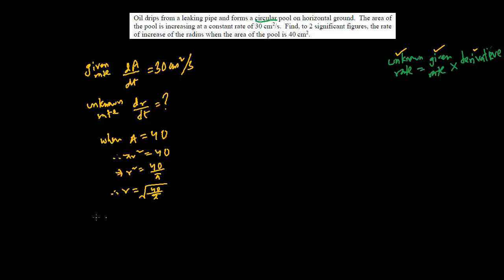So let's start the question. The unknown rate dr by dt equals the given rate dA by dt multiplied by the derivative.